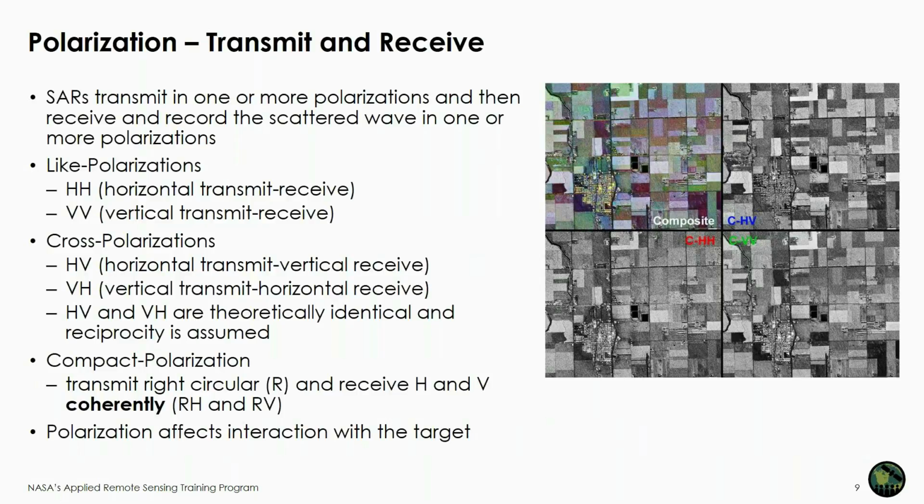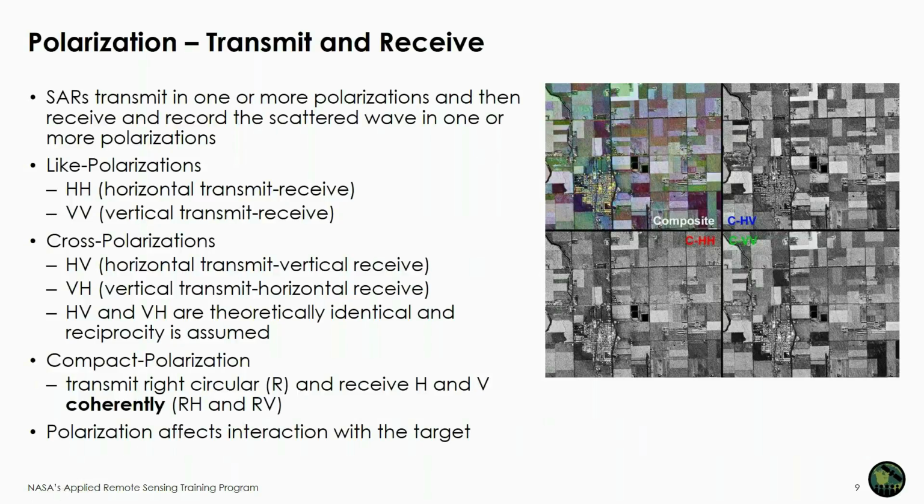Some of the typical radars that we're working with may be recording information in like polarizations. That means that the wave is transmitted, for example, in a horizontal plane and received in a horizontal plane, or the wave could be transmitted in a vertical plane and received in a vertical plane. Or we can have radar sensors recording at cross polarizations.